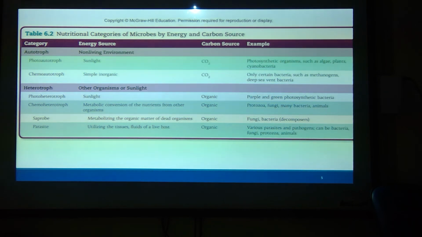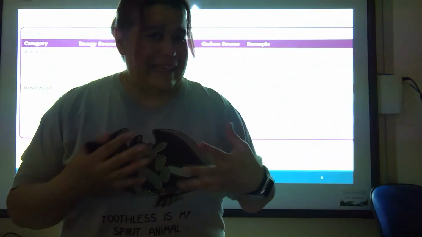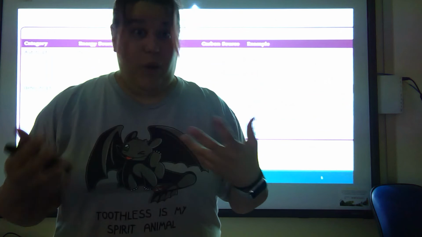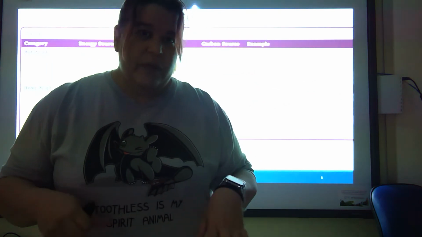I'm still consuming something. I'm still eating something. The two primary saprobes are fungi and bacteria. Remember, we talked about fungi being decomposers. They're going to land on something that's dead, whether it's leaf matter or an organism, and they're going to decompose it. They're going to break it down.